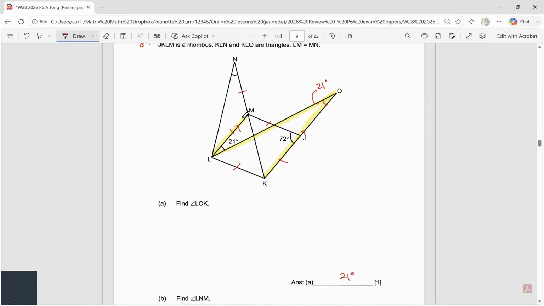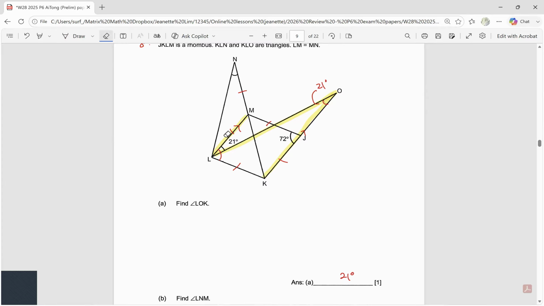So I will try to find this angle here, and to find it I will need NML. No, sorry, not MML. Okay, wait. This is 72 degrees. So this is a rhombus, so this is an isosceles triangle. So I'll find this angle so that I can find this angle.